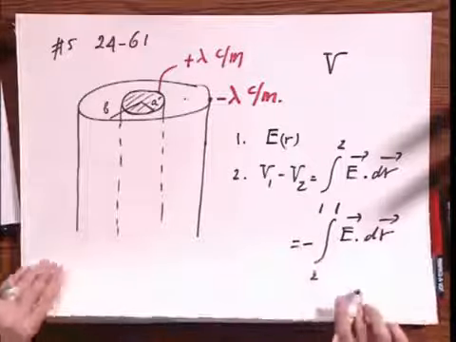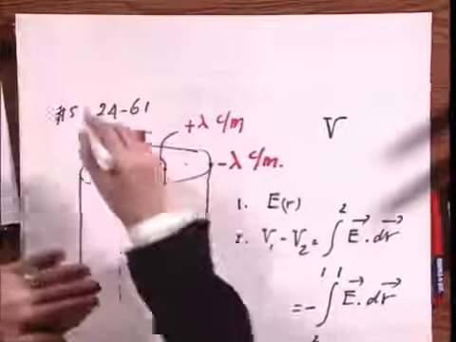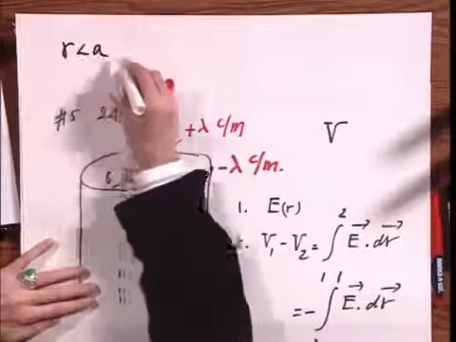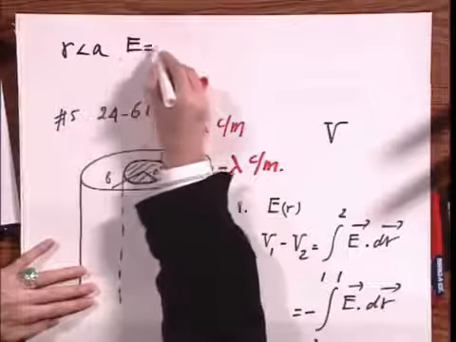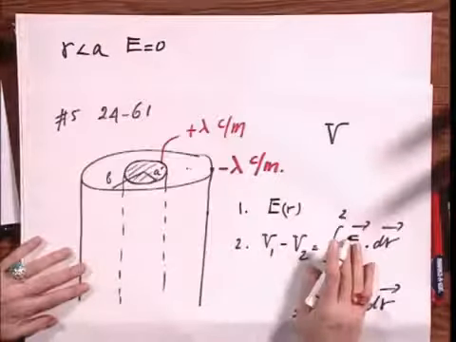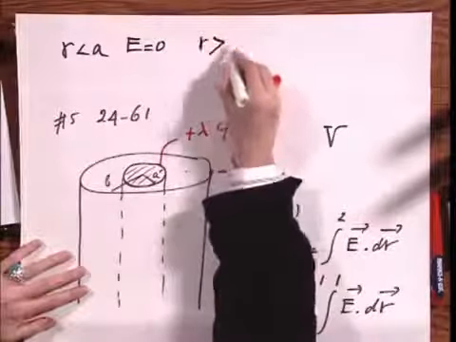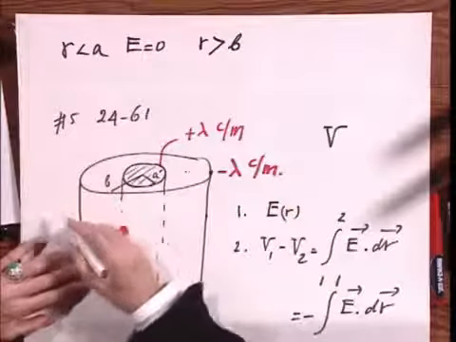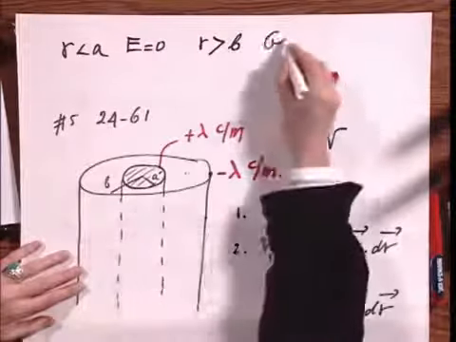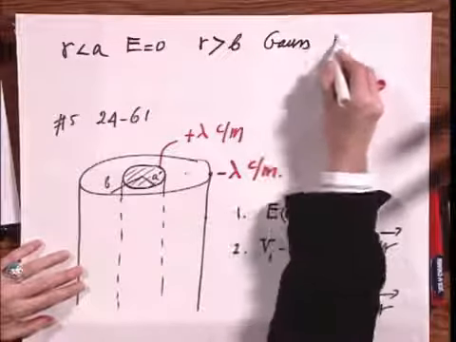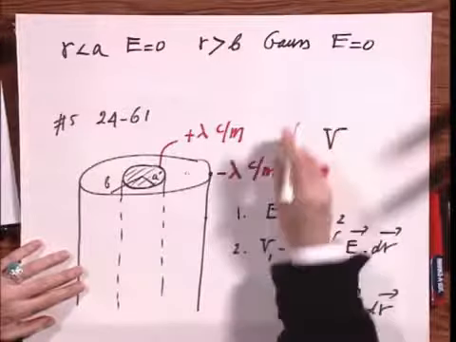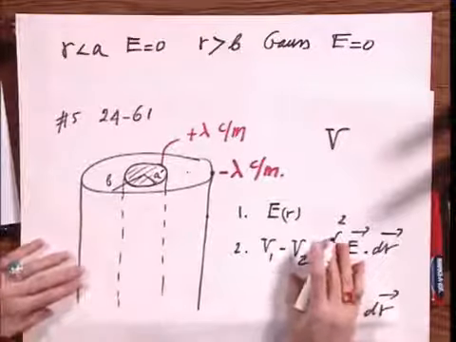Very well. Let's now first look at r smaller than A. It's very clear that E equals 0 there. But let's go for r larger than B, that is outside the cylinder. It's clear that if you apply Gauss's law, you will also find that E equals 0. I will leave you with that.